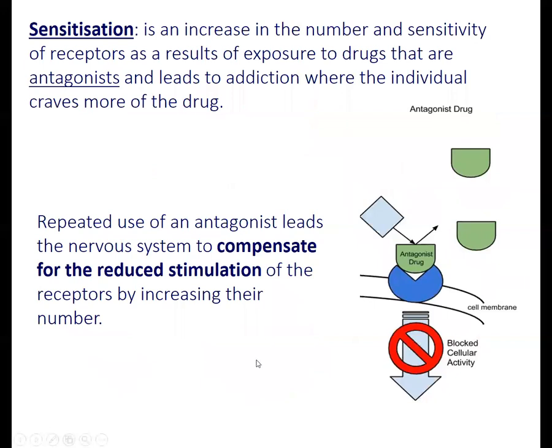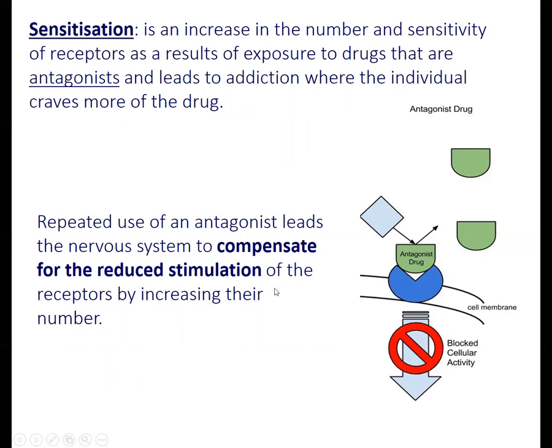So what's the result of these different forms of drugs? Well, with antagonist drugs, basically what happens within the nervous system is that the nervous system will compensate for reduced stimulation. It would normally have greater stimulation, but once the drug is in the system and blocking the receptors, the nervous system adapts itself.